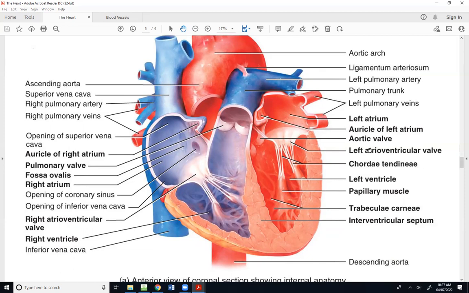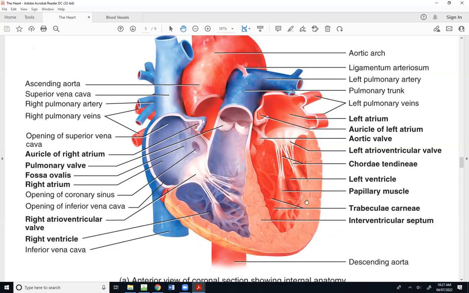Also, if you had this image on the exam and it was blank and I asked you to label chordae tendineae, those are the strings. That's over here as well. So you don't necessarily have to do it in the left ventricle. Same thing for the papillary muscles. Here they are on the right side.